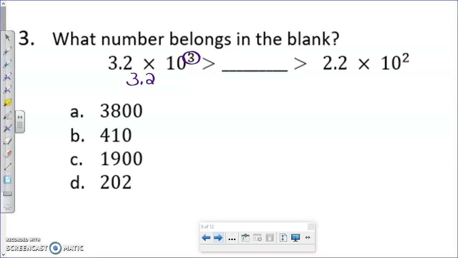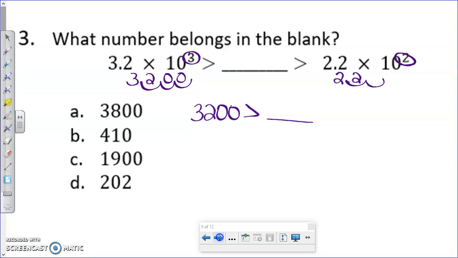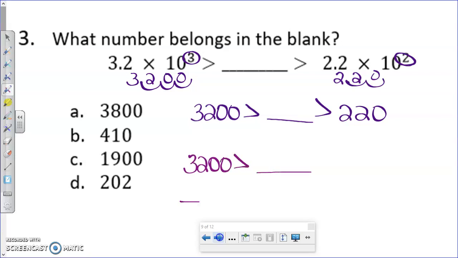I'm going to make 3 loops to the left, add in zeros. So I'm going to have 3,200 is greater than blank. I'm going to do the same thing with 2.2. So I'm going to have 2.2, and I'm going to move it twice, and I have to add a 0. So I have 220. Now, really what that means is there are 2 statements. So you have 3,200 is greater than blank, and I also have blank is greater than 220.